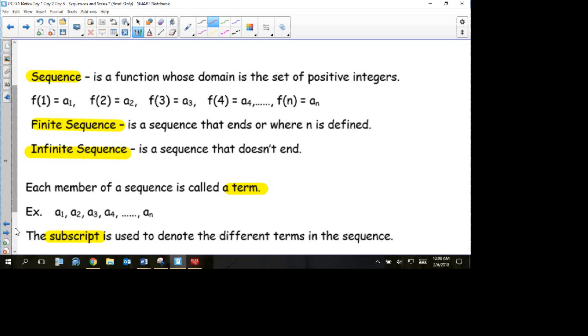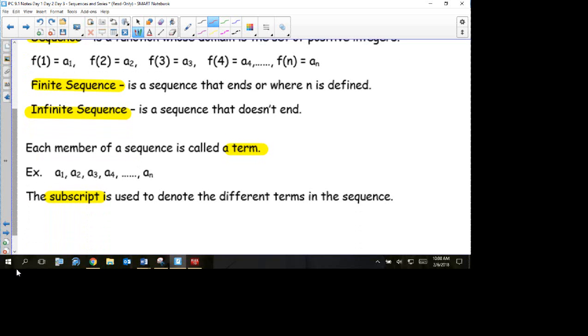Infinite sequence would be a sequence that goes on forever. And each member in the sequence is called a term. So if I talk about this term here, I'm talking about the first term. And when we talk about that term, we're going to call it a sub 1. That's subscript. That means the first term. a sub 2 means the second term.